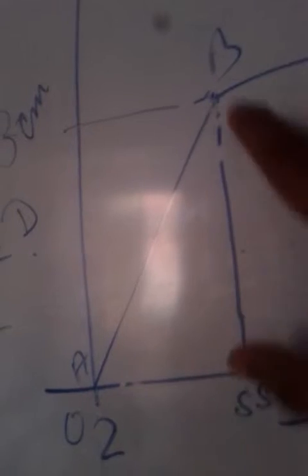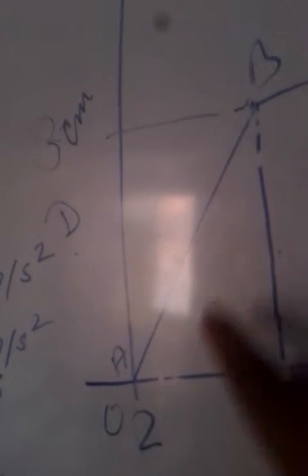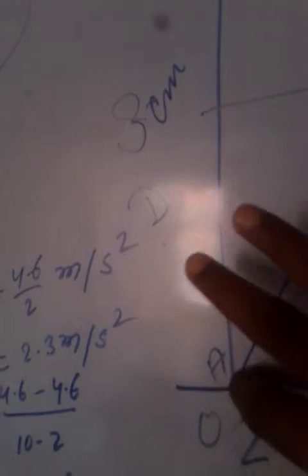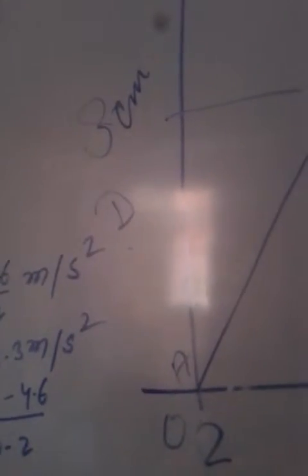Whenever in a distance time graph we take out the slope, meaning height by base, perpendicular by base. Here 3 minus 0 is the distance, which is given in centimeter.